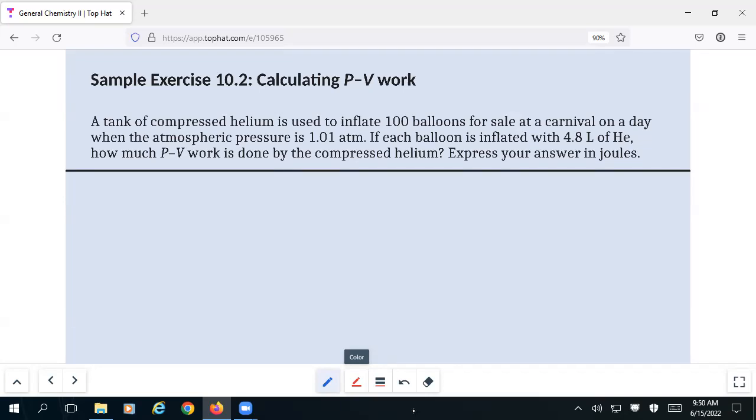So just a little example here with PV work. I've got a tank of compressed helium that we're going to inflate 100 balloons with, each at 1.01 atmospheres. If each balloon is inflated with 4.8 liters of helium, how much PV work is done by the compressed helium?